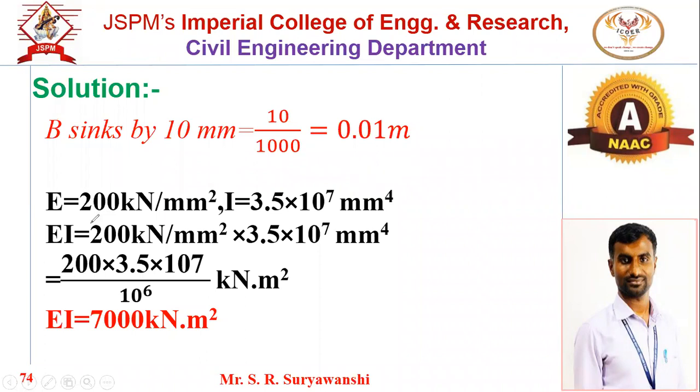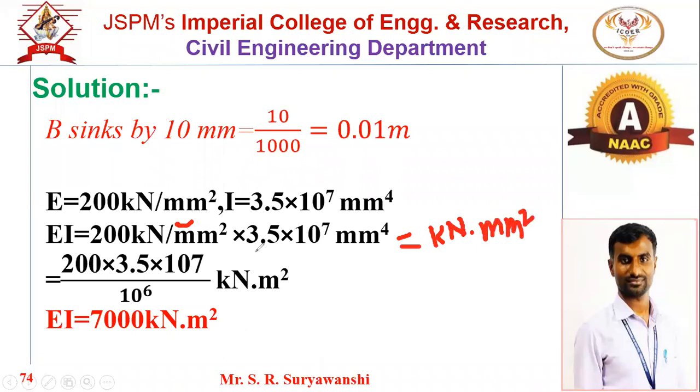Next, the value of E is given in kilonewton per mm square, 200 kilonewton per mm square, and I is given in mm raised to 4. If you multiply E into I, the resulting unit will be kilonewton into mm square.